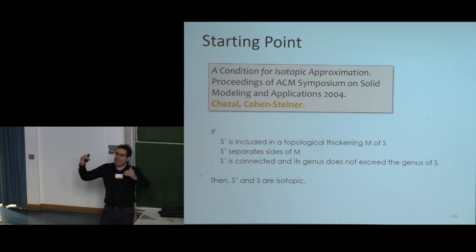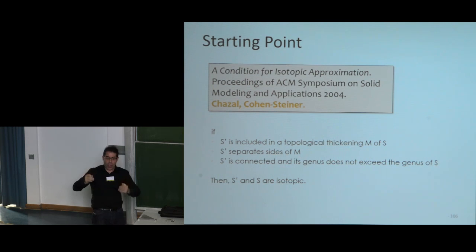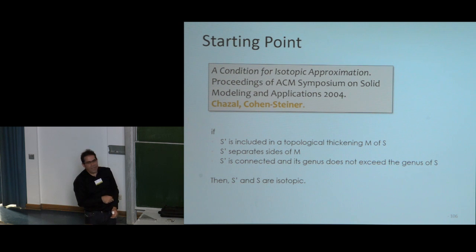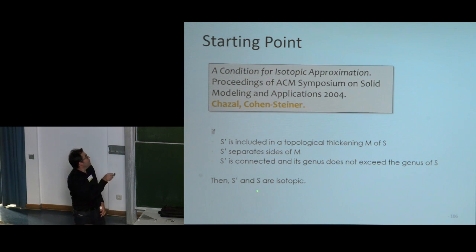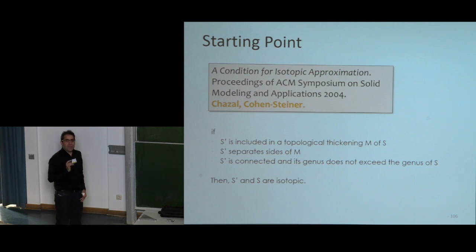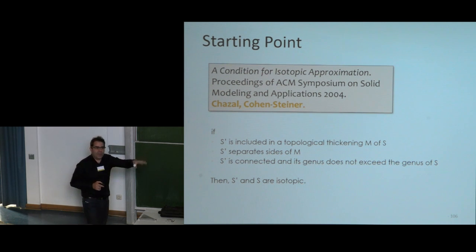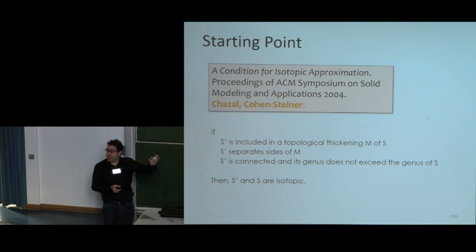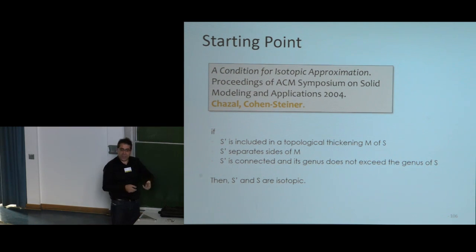Suppose I'm given S and S prime, two surfaces, such that one is included in a topological thickening of the other one, and S prime separates the sides of M. S prime is connected and its genus does not exceed the genus of S. Then the two are isotopic. Very good. So here we started from this theorem and we said, okay, let's make an algorithm, a constructive approach that will match these conditions.